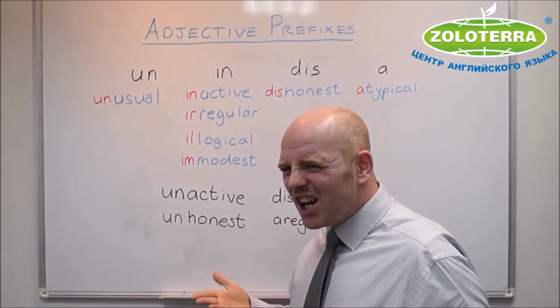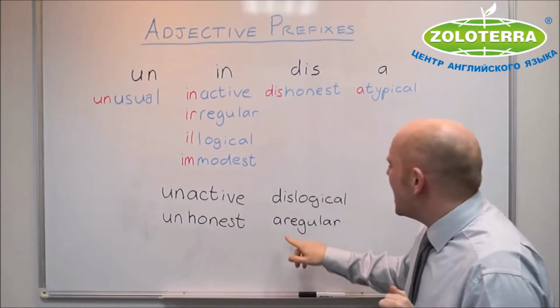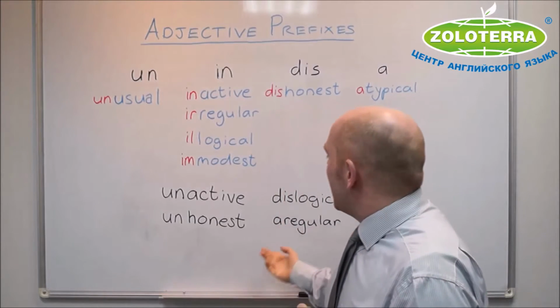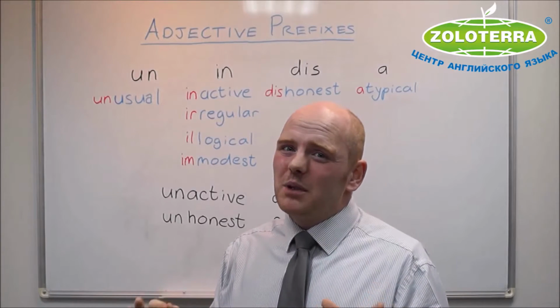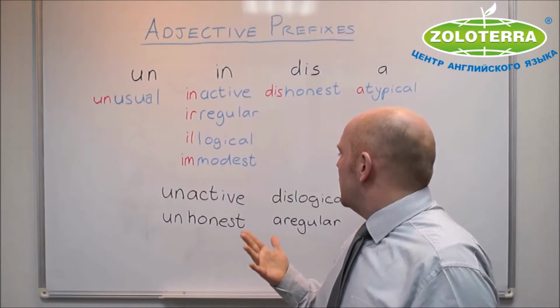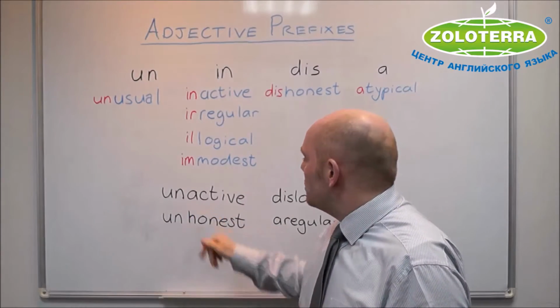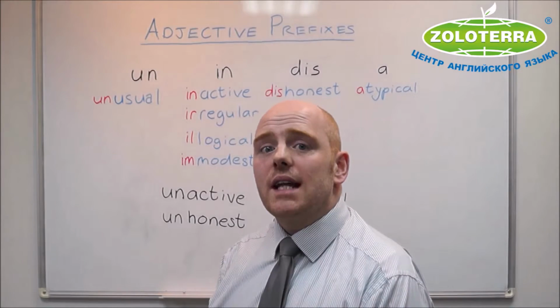Dislogical, unlogical, I understand. Irregular. Now, again, inregular, they might understand you, but they probably won't. As I said, irregular is correct, but if you said unregular, again, people would understand you.